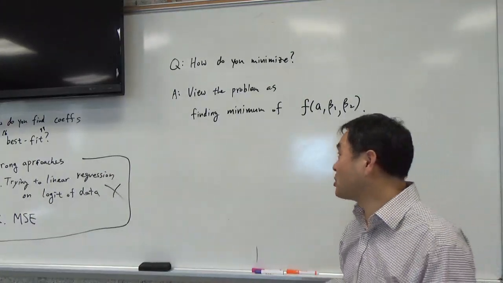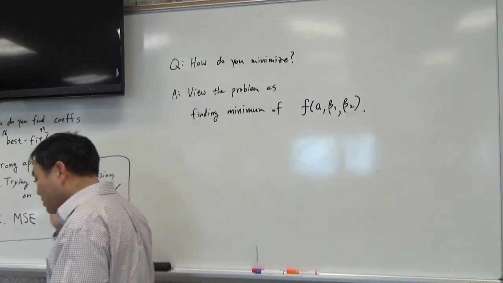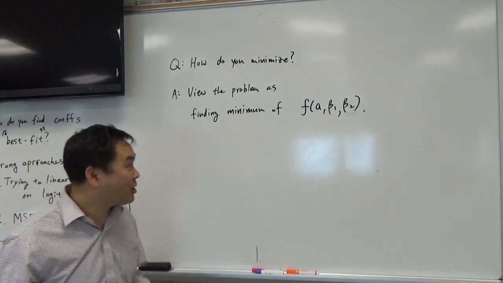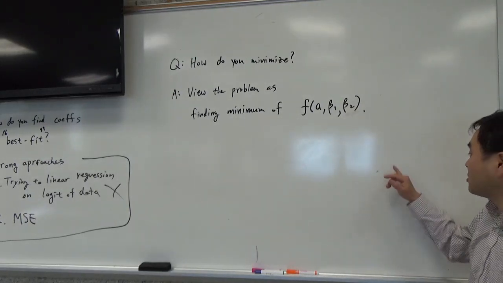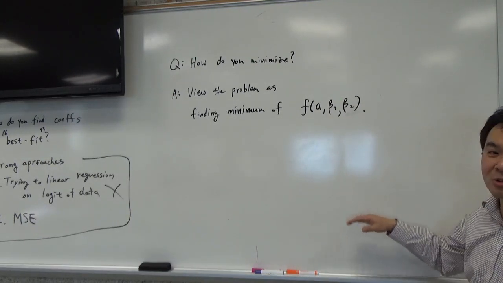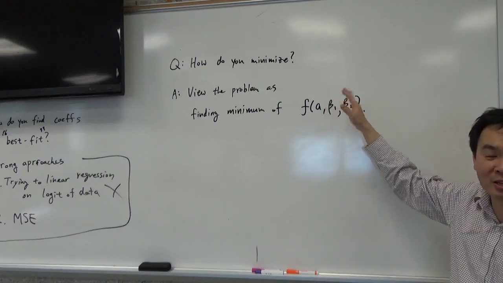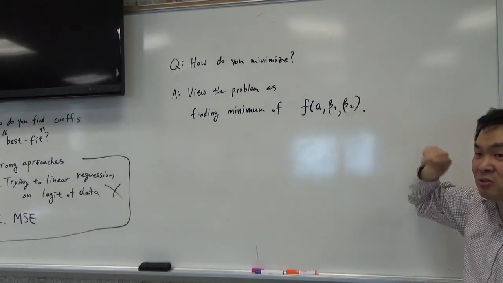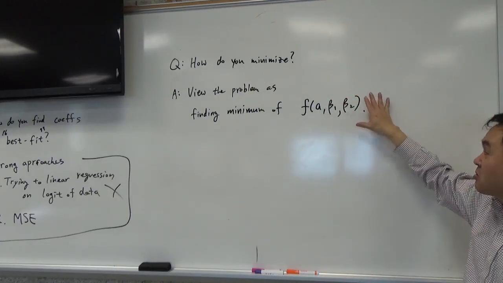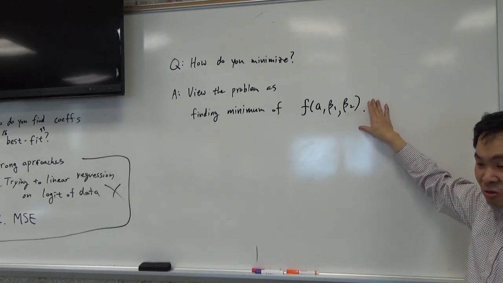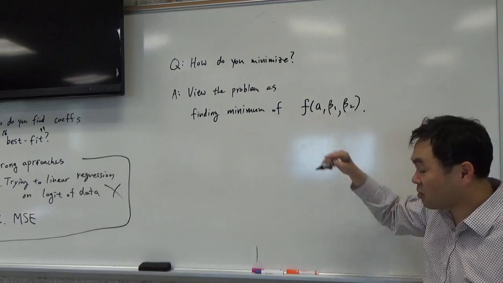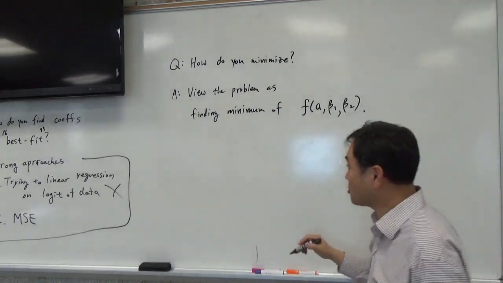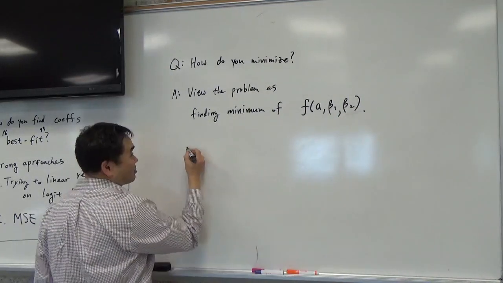So instead, what people do is they come up with all these numerical ways to find the minimum, and they're really complicated methods just for linear regression. But I just want to talk about the simplest one to use. The way some algorithms do this is by something called gradient descent.